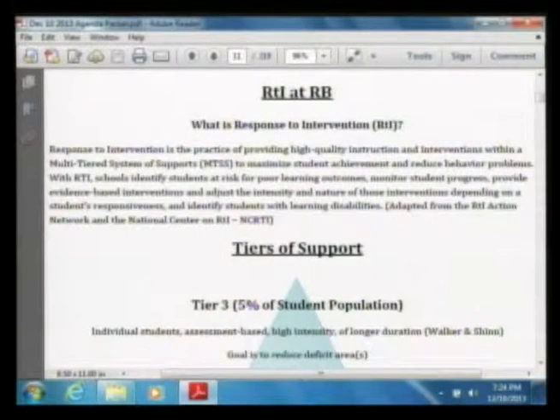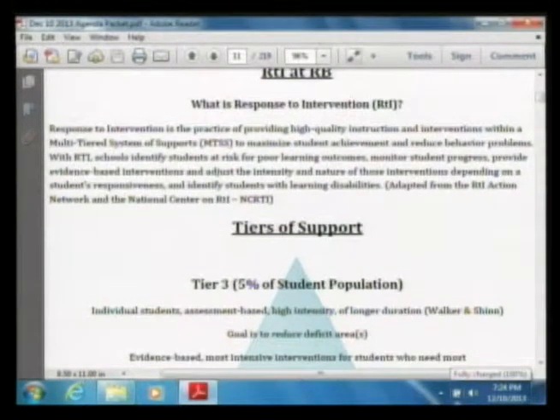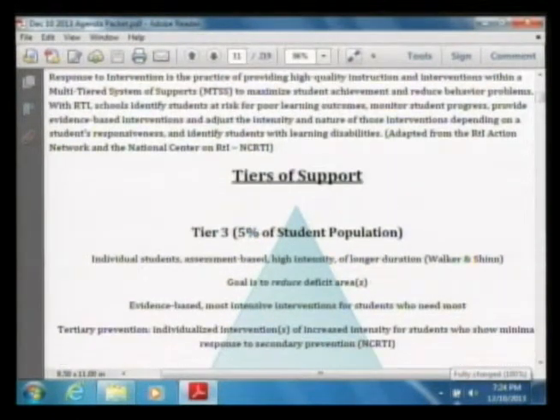So within that, there's a multi-tiered system so that you have different levels of support. And then some key parts from the piece that you have: first we identify student needs, then we monitor student progress.